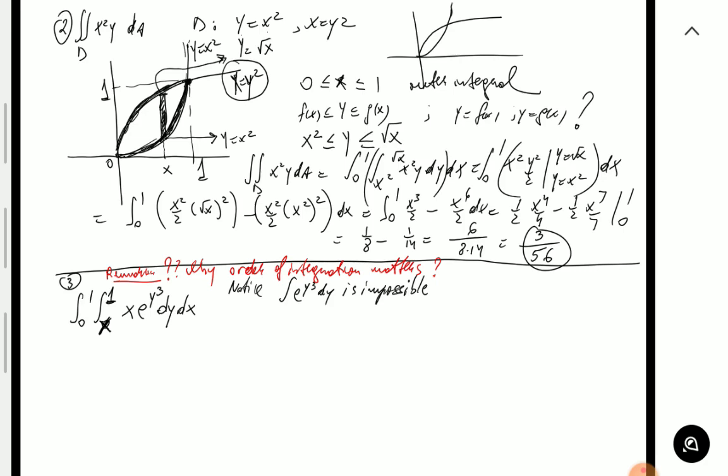So we can infer from the way the integral is set up. Remember, dy goes with the inner bounds. So look at the innermost integral. Actually, let's start with the outermost integral. That tells you that x is between 0 and 1, and for a given x, y is between x and 1.